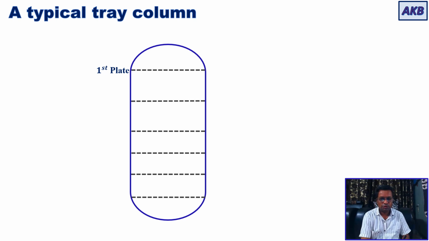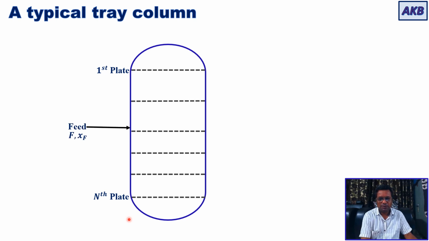The topmost tray, I'm calling the first tray or first plate, and the last plate in the column, let it be the Nth plate. So that means in this tray column there are N number of plates.